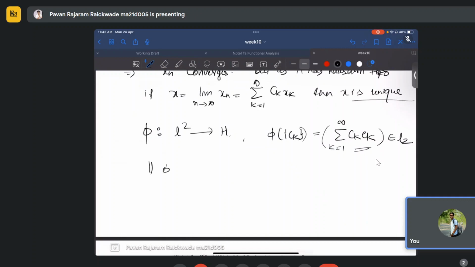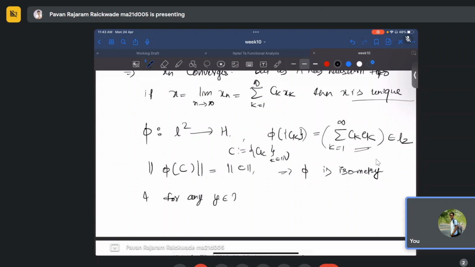And what is the norm of phi of c? This is the same as the norm of c. So phi is an isometry, which is easy to verify. And for any y belonging to H, because e_n is an orthonormal basis, you can write y as the summation of the inner product of y with e_n times e_n.